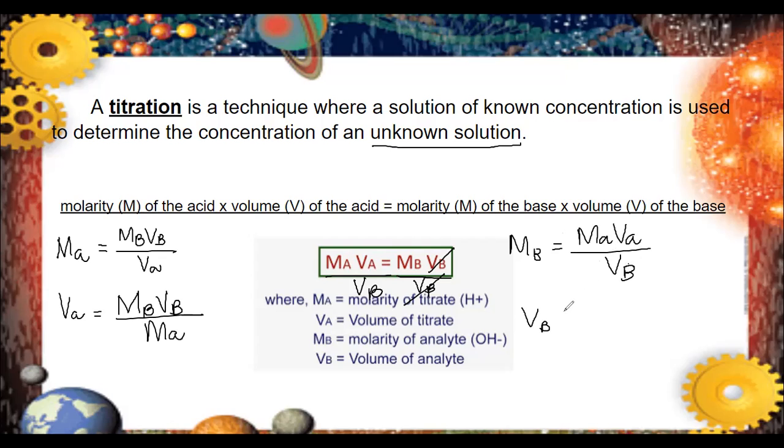And for our last, that is VB. Let me just clean this first. Alright. So we have VB. So in order to get the formula in finding VB, we need to divide both sides by MB.